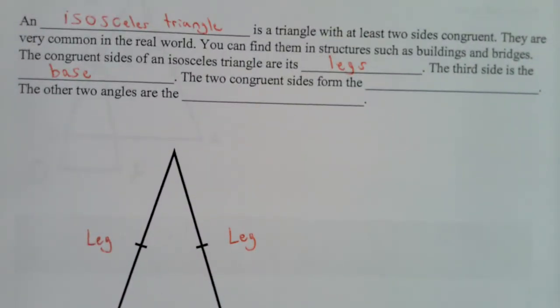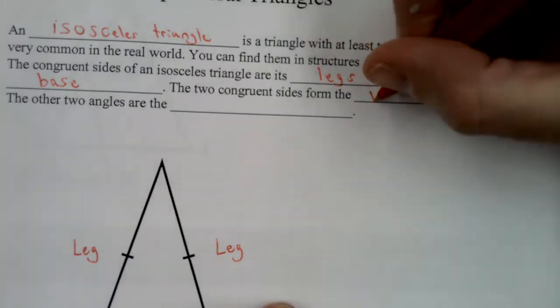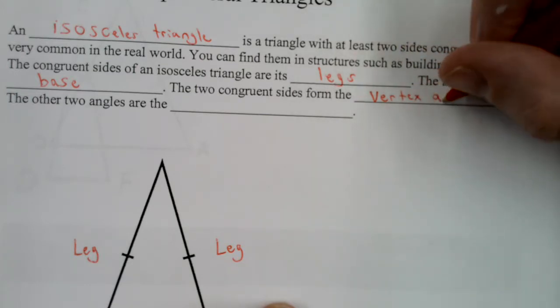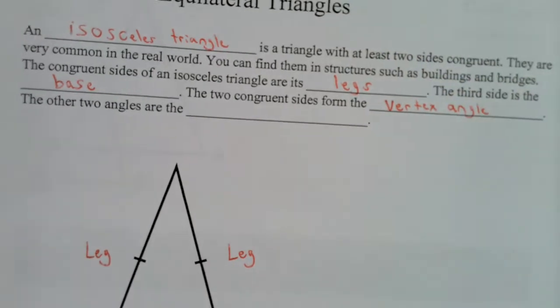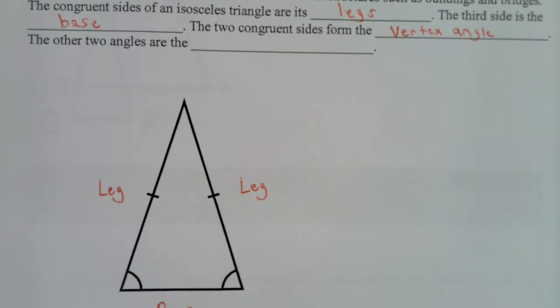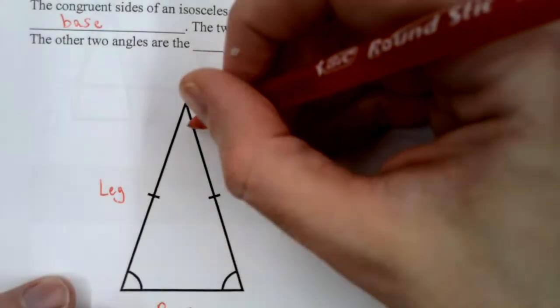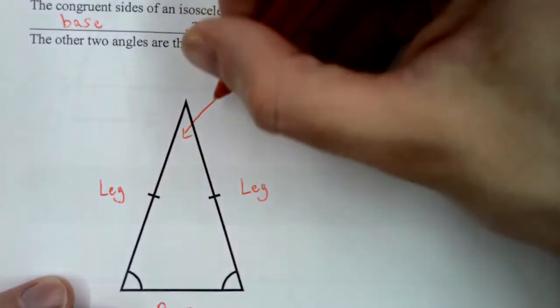The two congruent sides form what's called the vertex angle. So in the diagram below, these are the two congruent sides, so they form what's called the vertex angle. So this is the vertex angle right here.